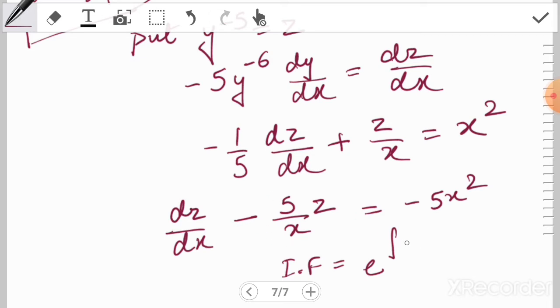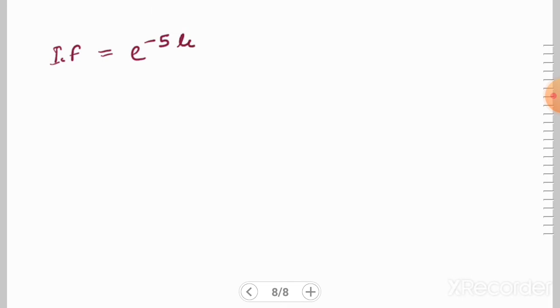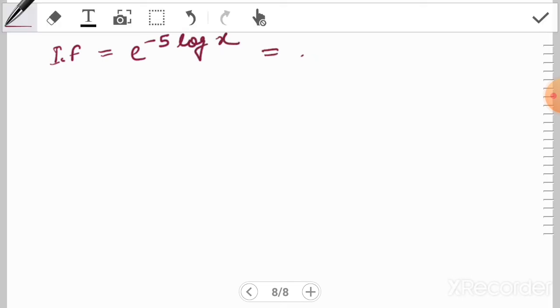So p is minus 5 by x, so the integral of minus 5 by x dx, which is e raised to the power minus 5 log x, or this can be written as e raised to the power log x raised to the power minus 5, which is equal to x raised to the power minus 5.